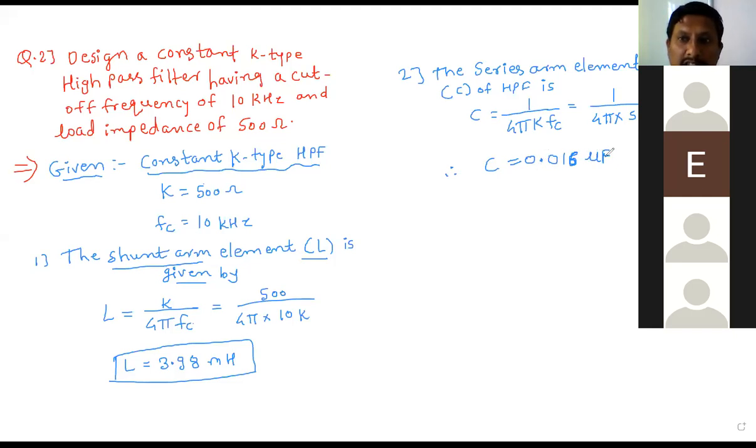So 0.016 microfarad, that is nothing but 16 nanofarads. Okay, nearby value we can take. So we can start designing the T section and pi section.